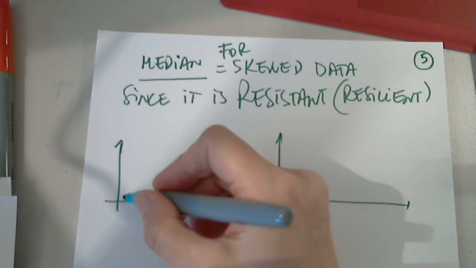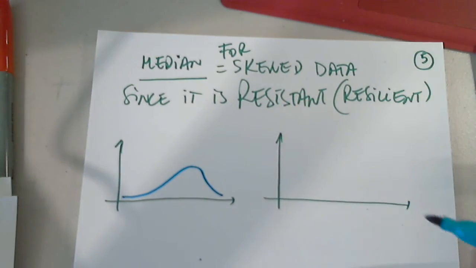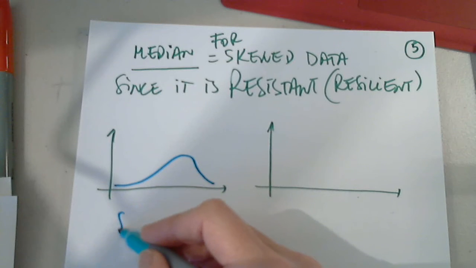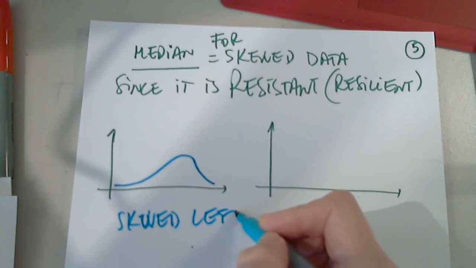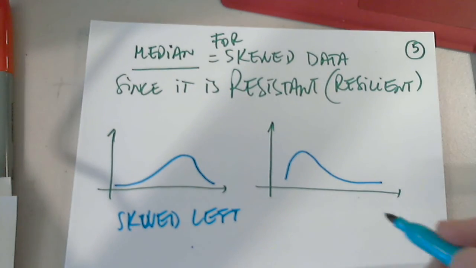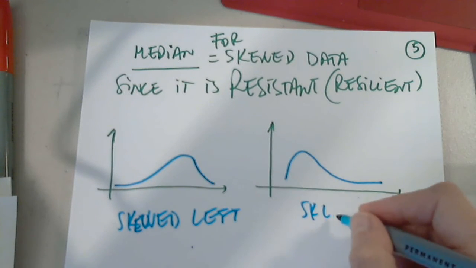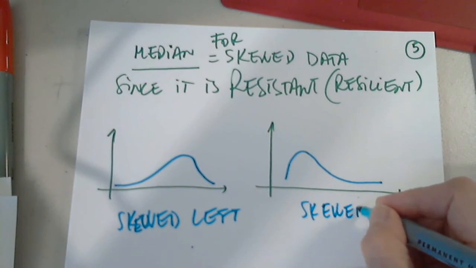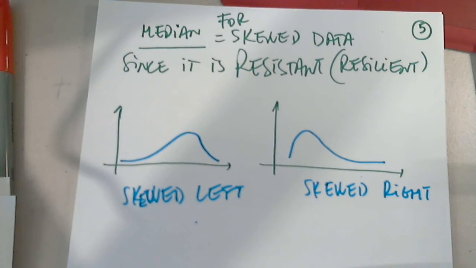Here is one situation, obviously skewed to the left. And of course I'm going to graph something skewed to the right.